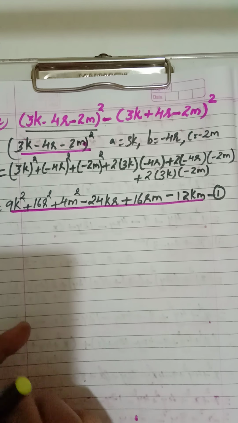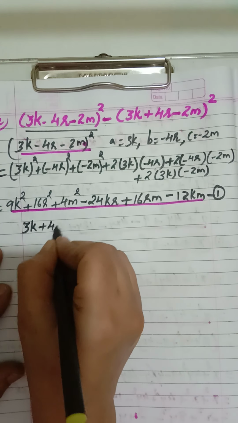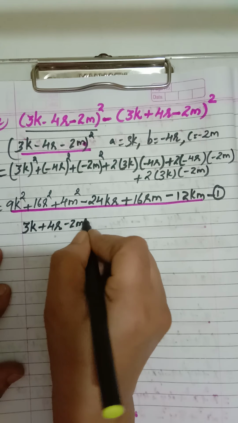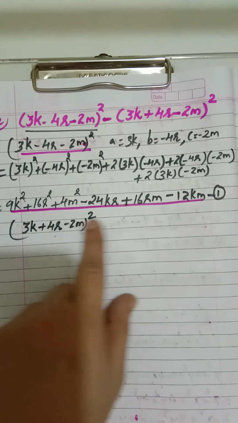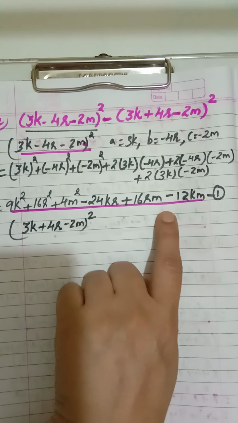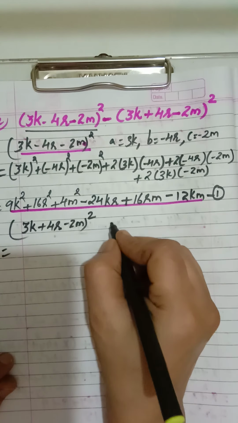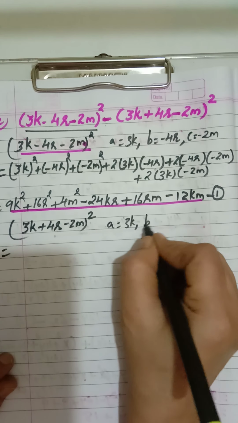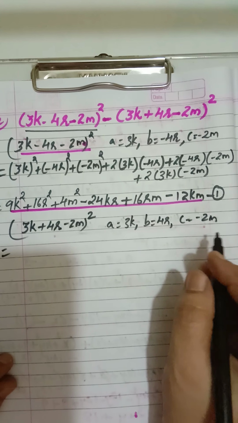Now let us take the second term, that is (3k + 4r - 2m) the whole square. Now see children, since the terms are the same, your values will come the same, but the only difference will be in the sign. So again here a is 3k, b is equal to 4r and c is equal to minus 2m.